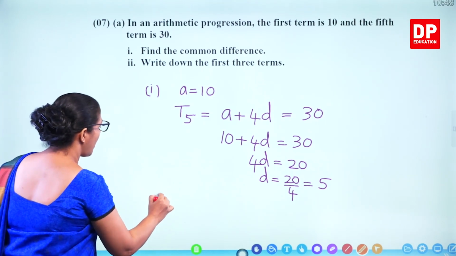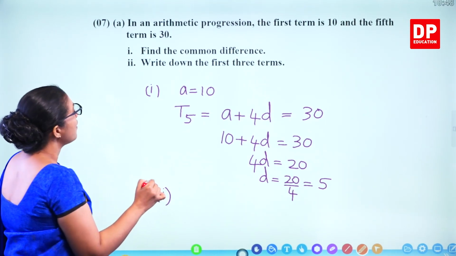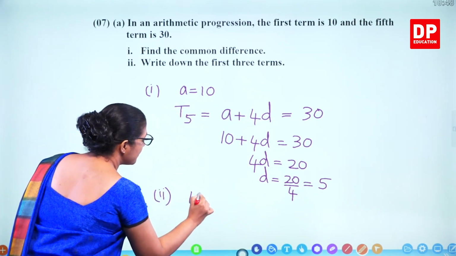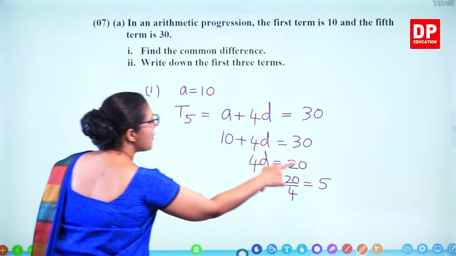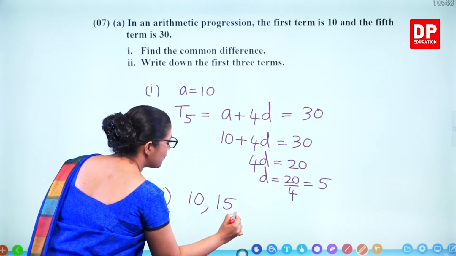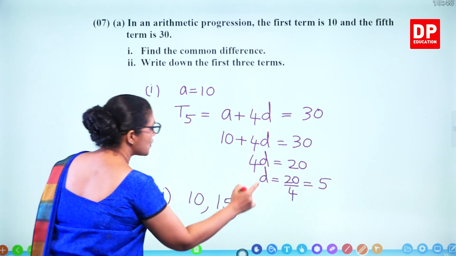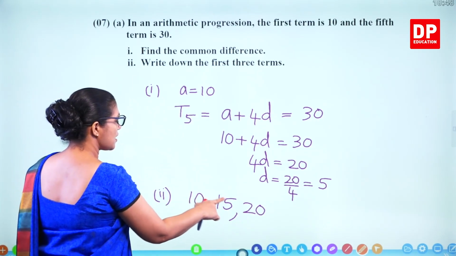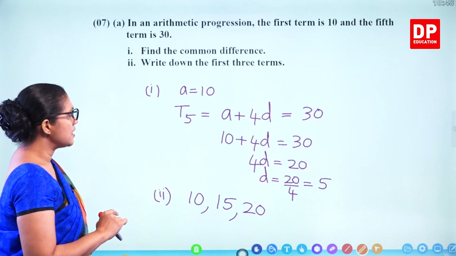So that's the first part, find the common difference. And the second part, write down the first 3 terms. First term is 10. 10 plus 5, 15. 15 plus 5, 20. So first term, second term, third term, the first 3 terms.